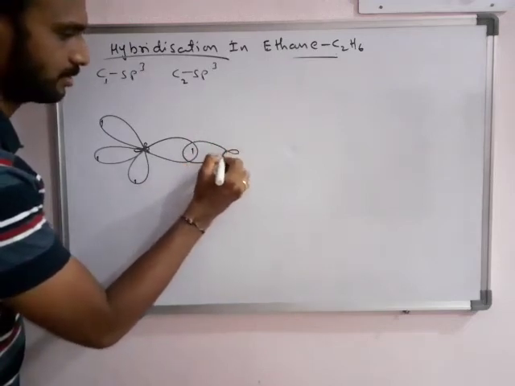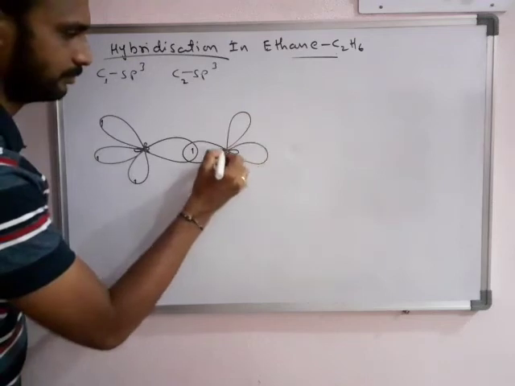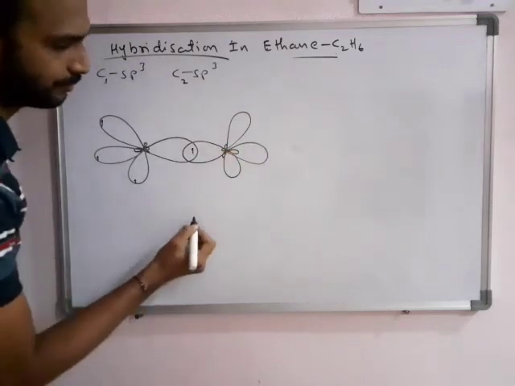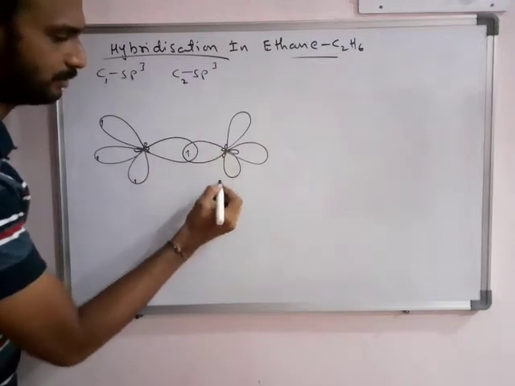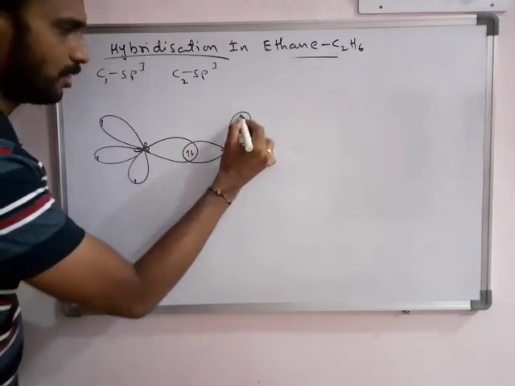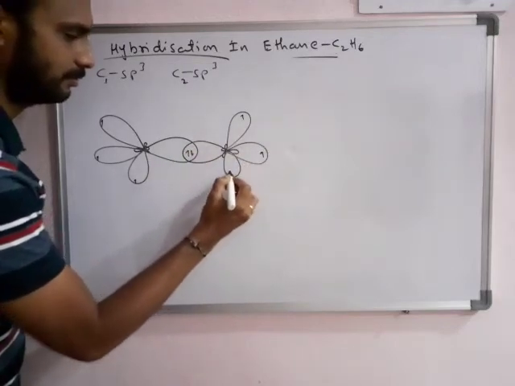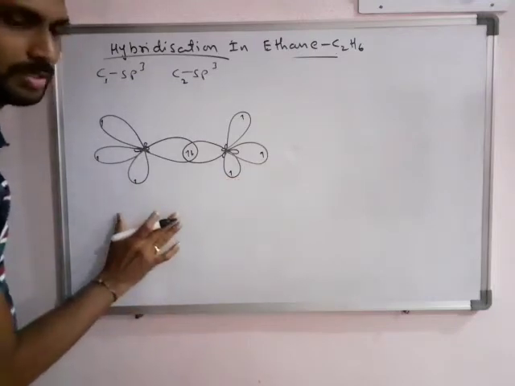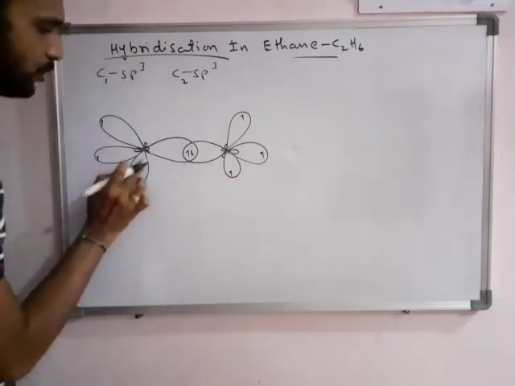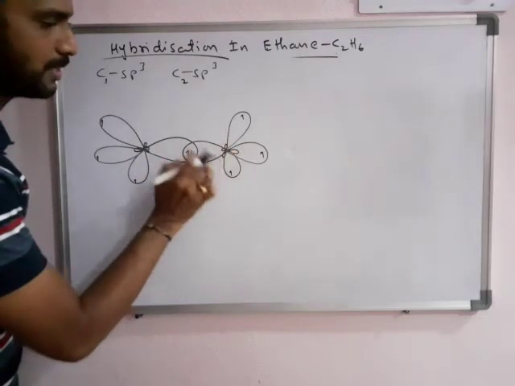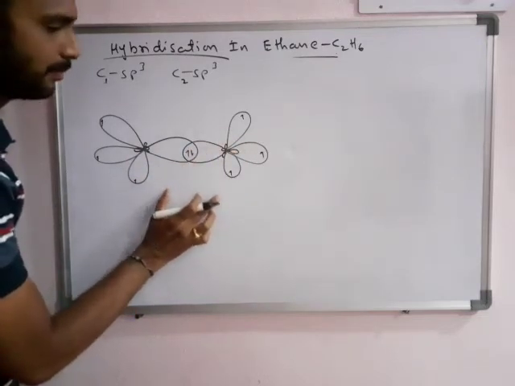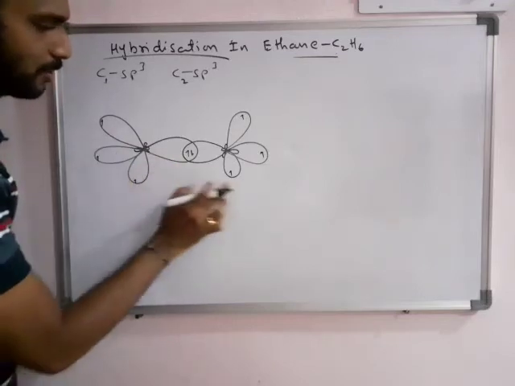They are like this. So these are the 4 sp3 hybrid orbitals of the second carbon, in which the 4 are having unpaired electrons. Here, totally 1, 2, 3, 4 sp3 of the first carbon and 1, 2, 3, 4 sp3 of the second carbon are having unpaired electrons in them.